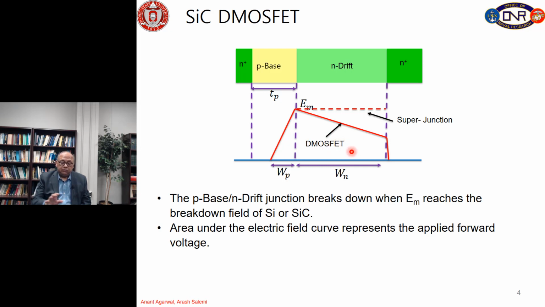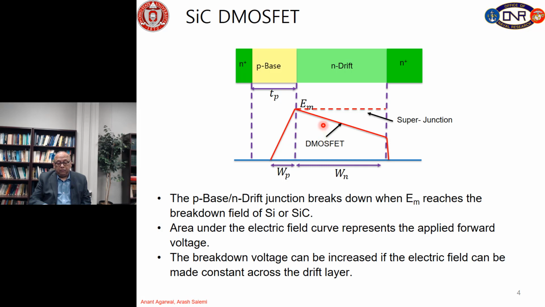It actually is the reverse voltage across the PN junction. So the breakdown voltage is decided by essentially this electric field line, because that decides the area under the curve.